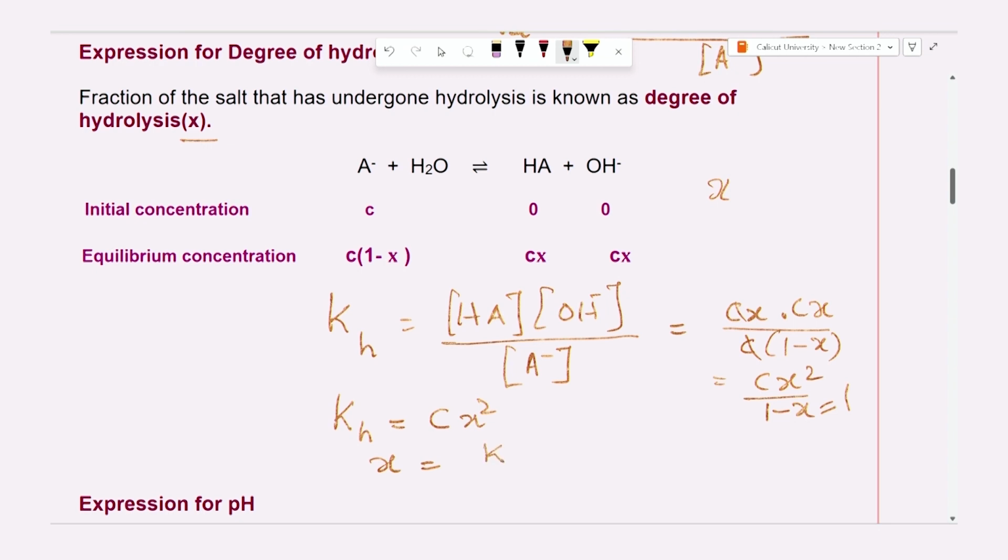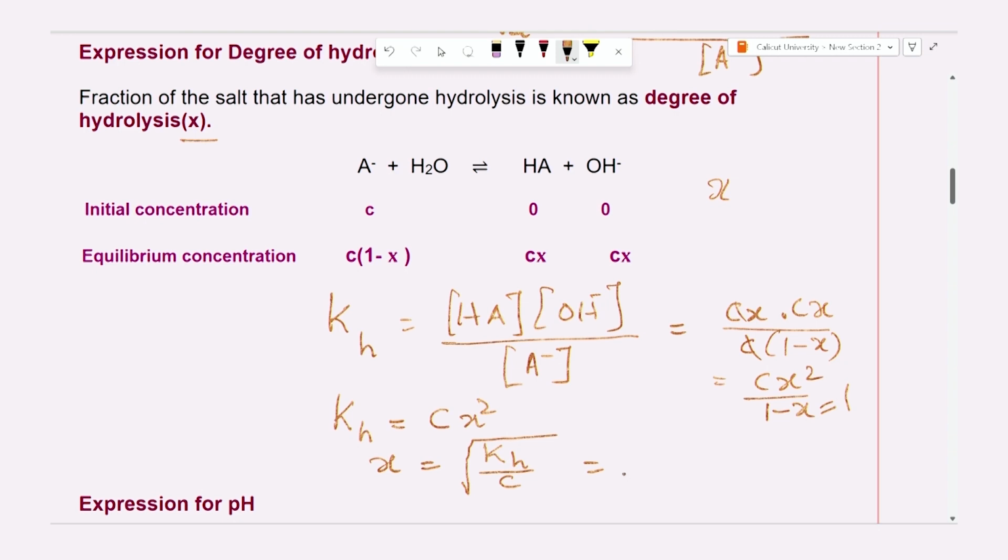The degree of hydrolysis x is equal to, if you take the C over here, KH by C, and if you take the square root, that will be the degree of hydrolysis x. But again, you can substitute KH.